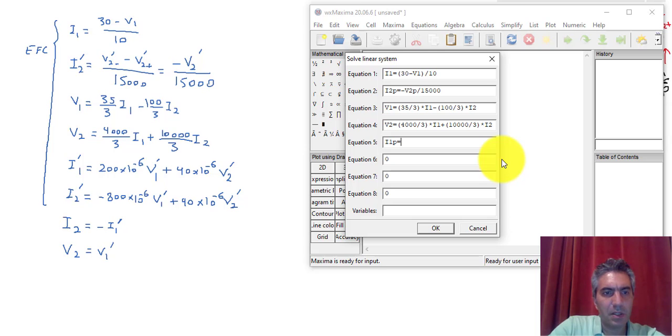The fifth equation, I1P or I1 prime is equal to 200 times 10 to the power of -6 multiplied by V1 prime plus 40 times 10 to the power of -6 times V2 prime.